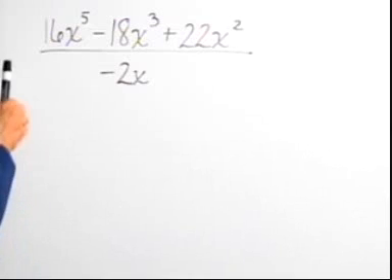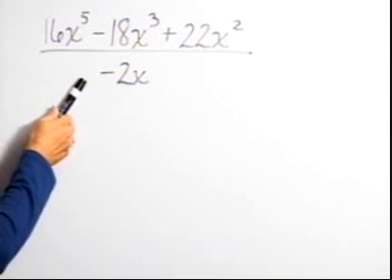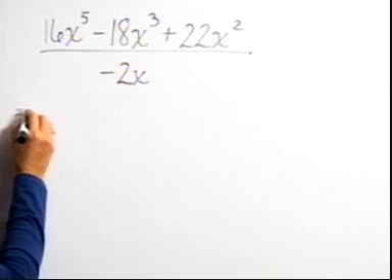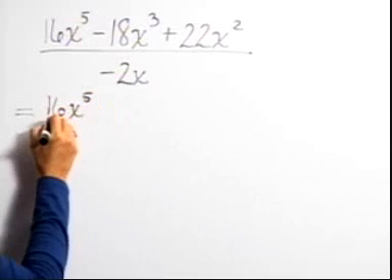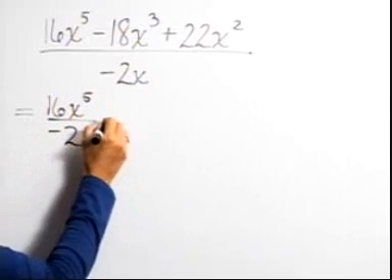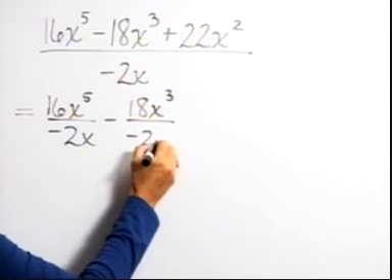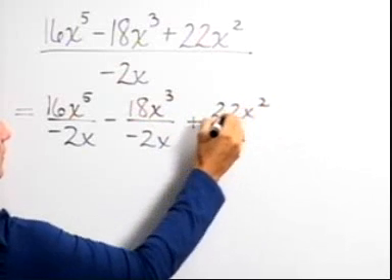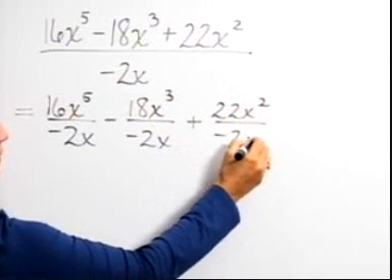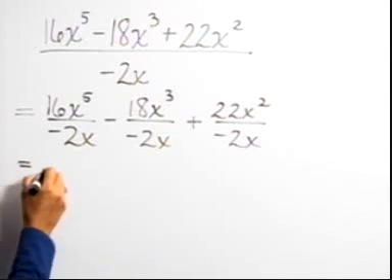We're going to divide 16x to the fifth minus 18x to the third plus 22x squared by negative 2x. We'll start by writing each part of the numerator over the denominator. Then we'll remember that we divide our coefficients and we subtract our exponents.